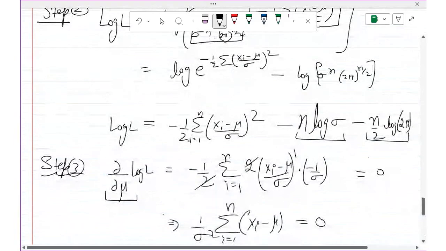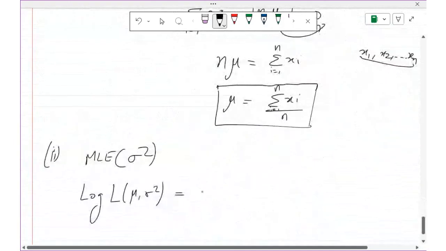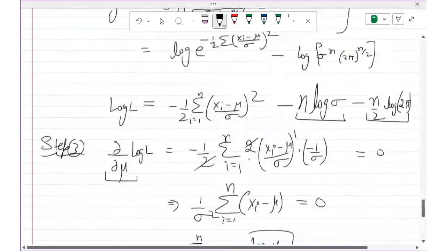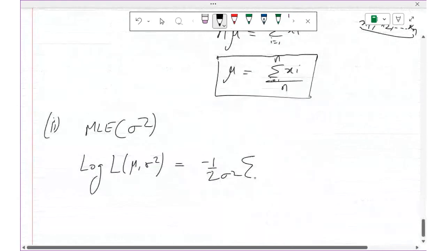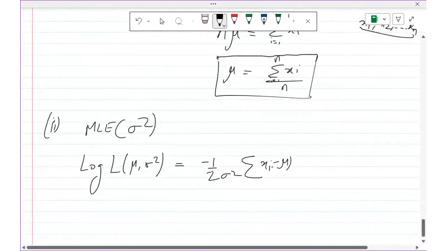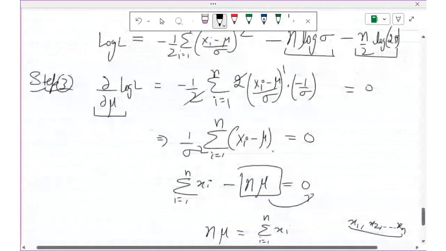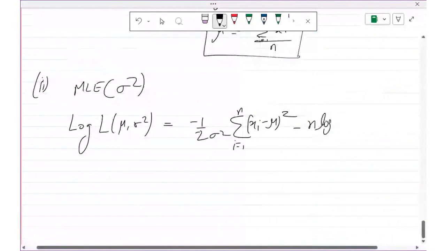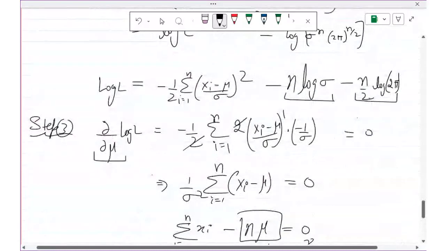It was minus half, we can write as minus half, 1 upon sigma square I am taking out, sum of xi minus mu whole power 2, i varying from 1 to n, minus n log sigma, and minus n by 2 log 2 pi.